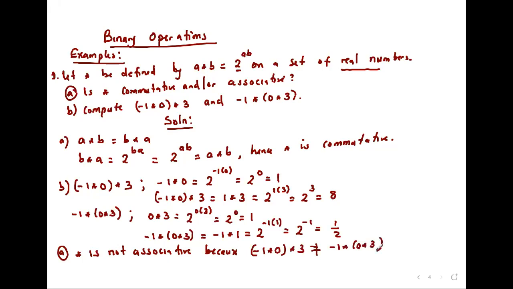Because that is the definition of associativity. If the two are equal, then it is associative. But now they are not equal, so it's not associative.